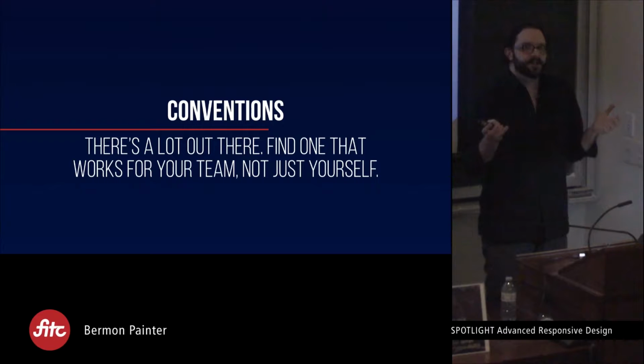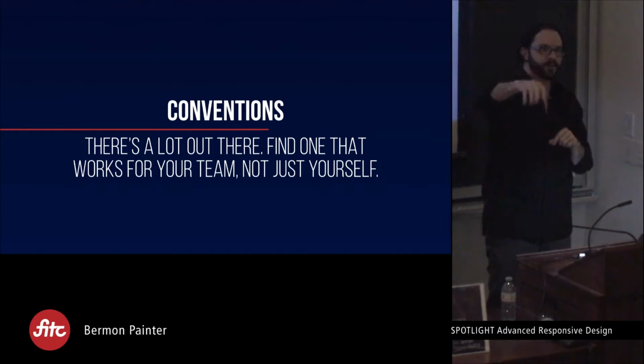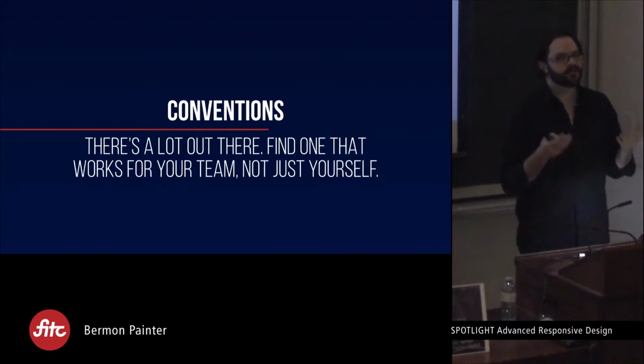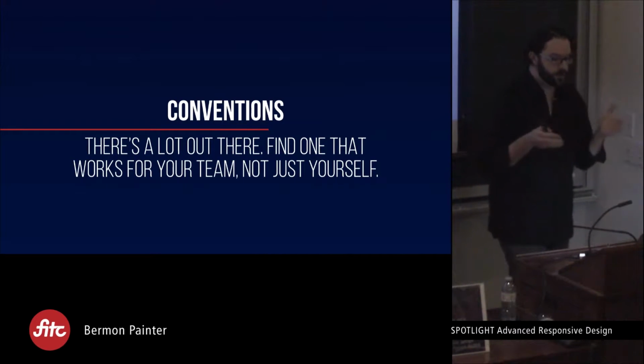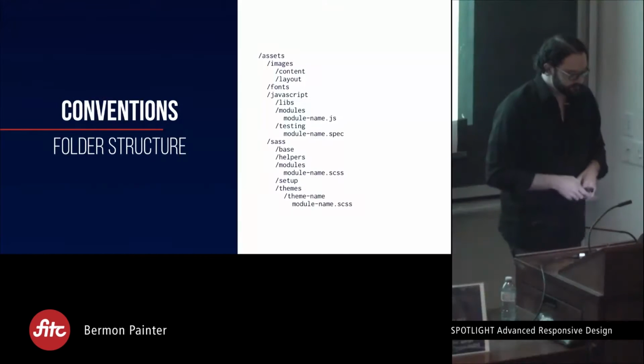So the best that I could tell you to do is just pick one. Pick one that you think you like, find something that works for you. If you work on a large team, find something that works for the team. You can't be doing something one way and somebody else another way and somebody else another way. It's going to make this whole process of trying to create these responsive components very difficult. So find a convention that works for you and for your team so that you can be productive together.